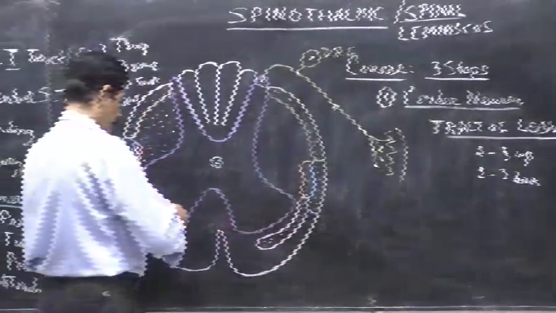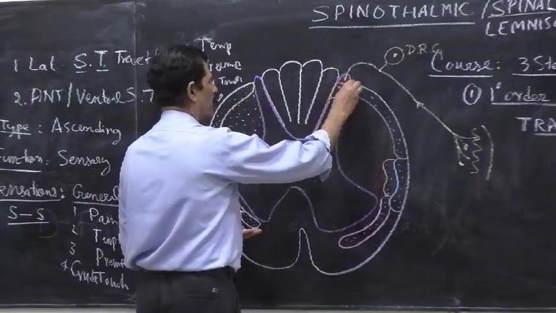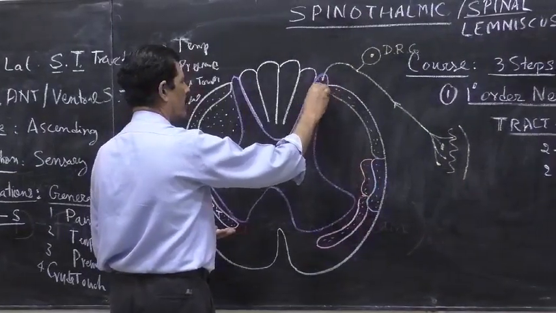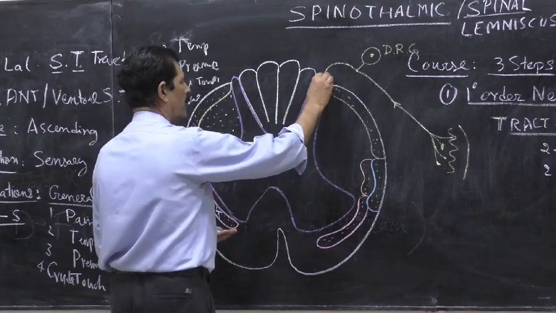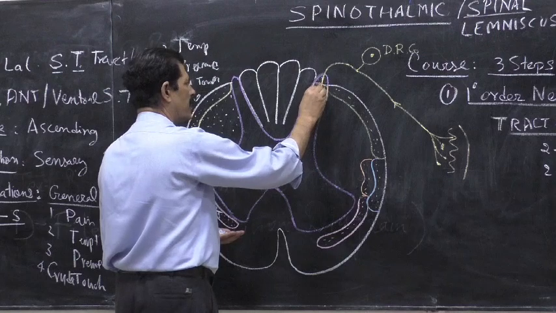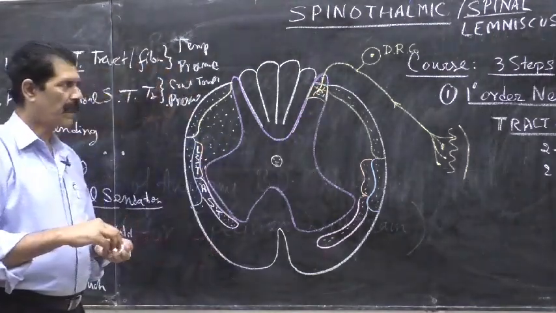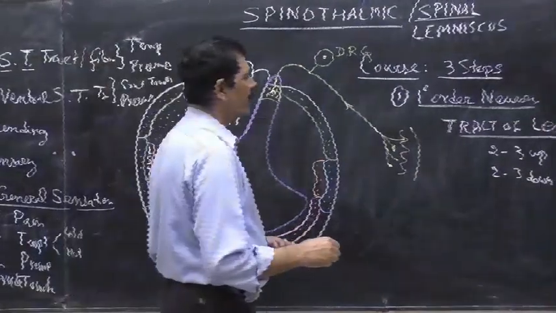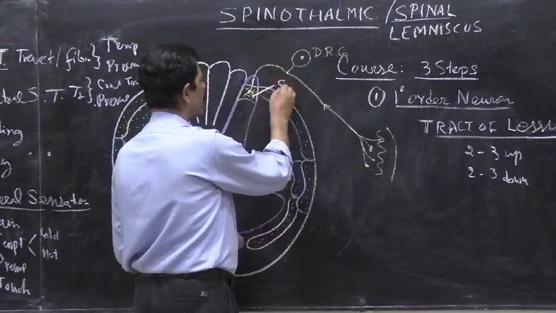Next, the nerve fibers of the lateral spinothalamic tracts relay in the substantia gelatinosa of Rolando. So this is the substantia gelatinosa.